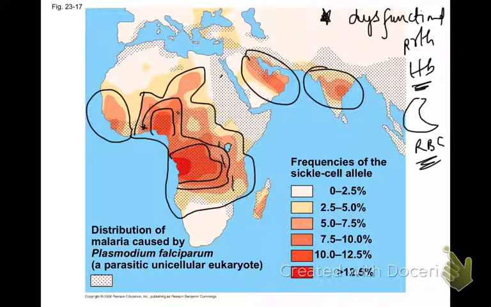If the shape of the red blood cell is distorted like this, there is a host of other problems that can take place. One, they can block. They will not be able to supply oxygen adequately.